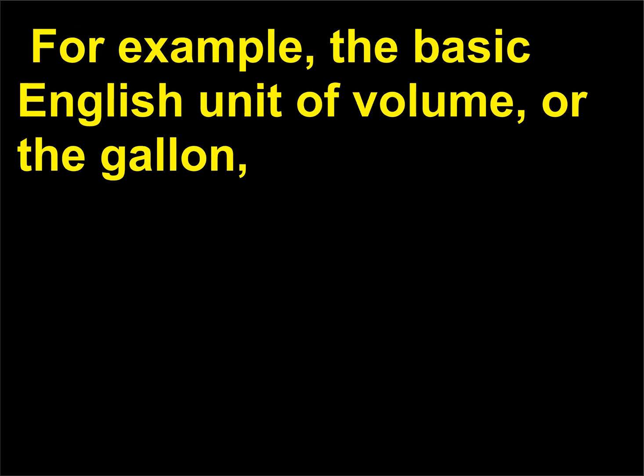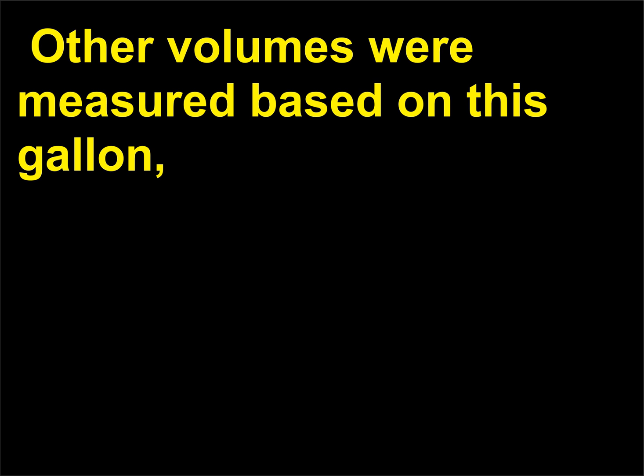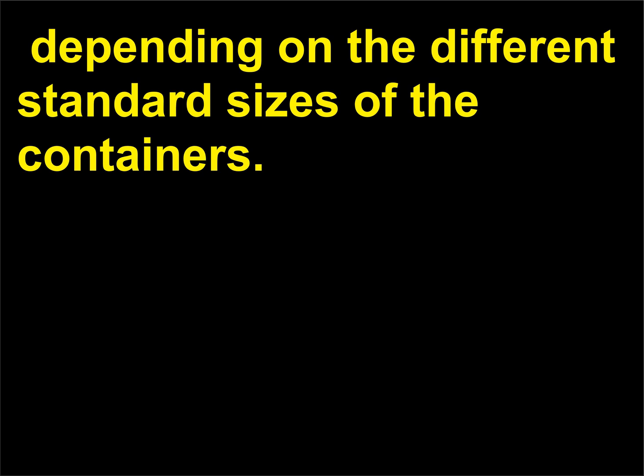For example, the basic English unit of volume, or the gallon, was originally defined as the volume of 8 pounds of wheat. Other volumes were measured based on this gallon, depending on the different standard sizes of the containers.